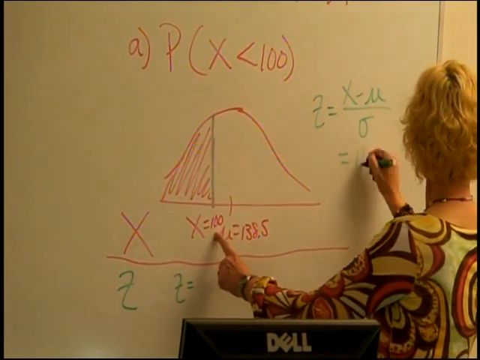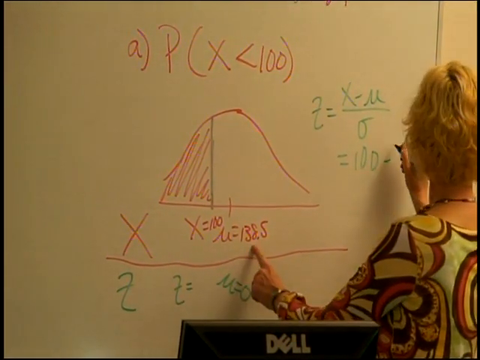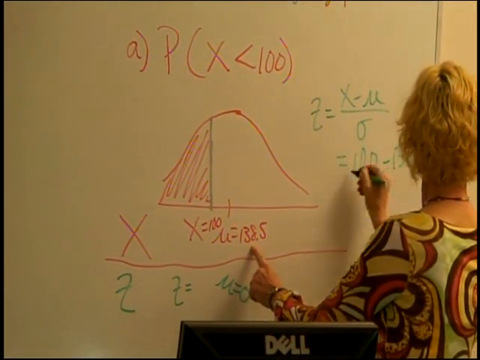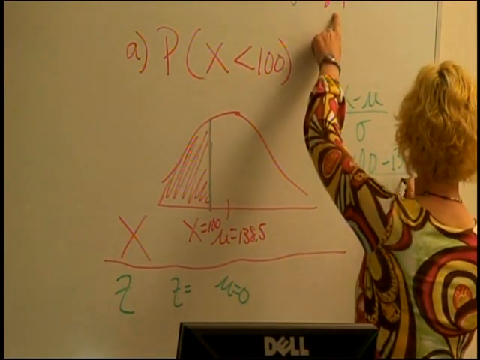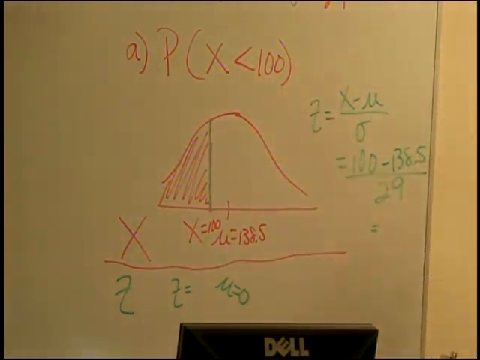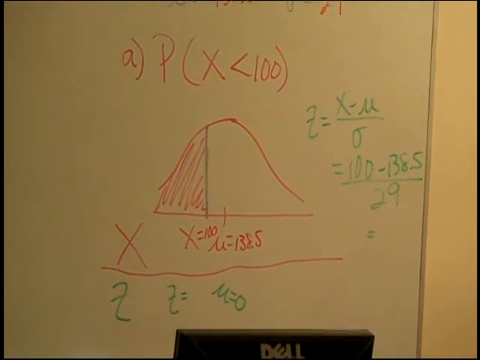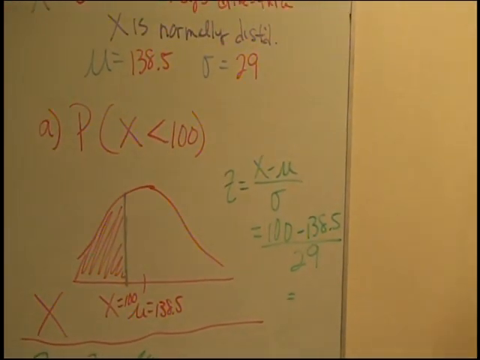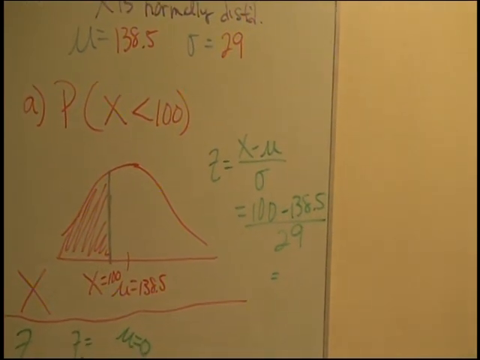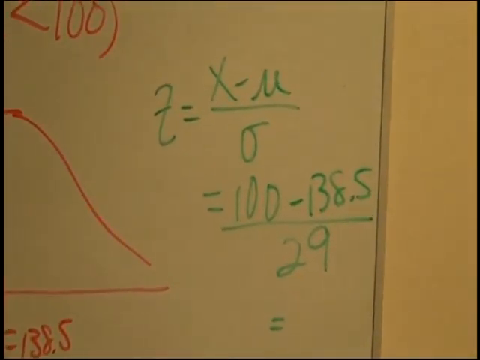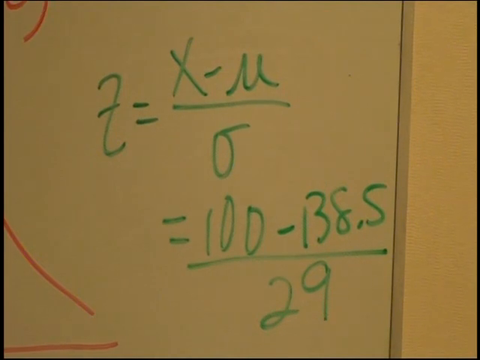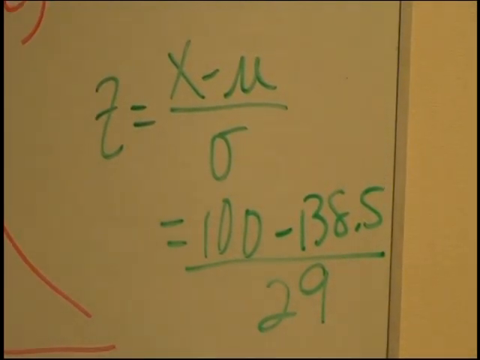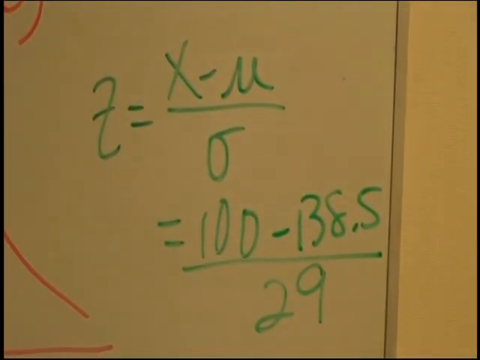Take the cutoff, subtract the mean, divide by the standard deviation. What do we get? Negative 1.32. Negative 1.32? Anyone agree?